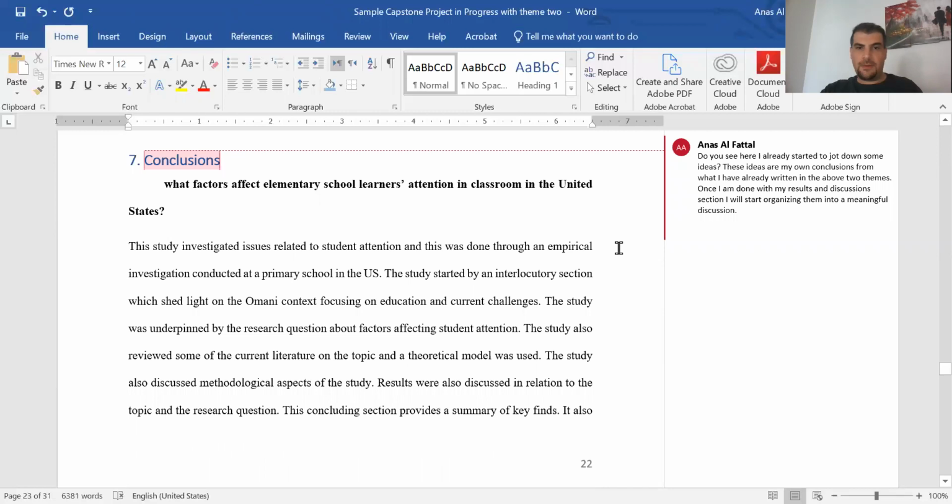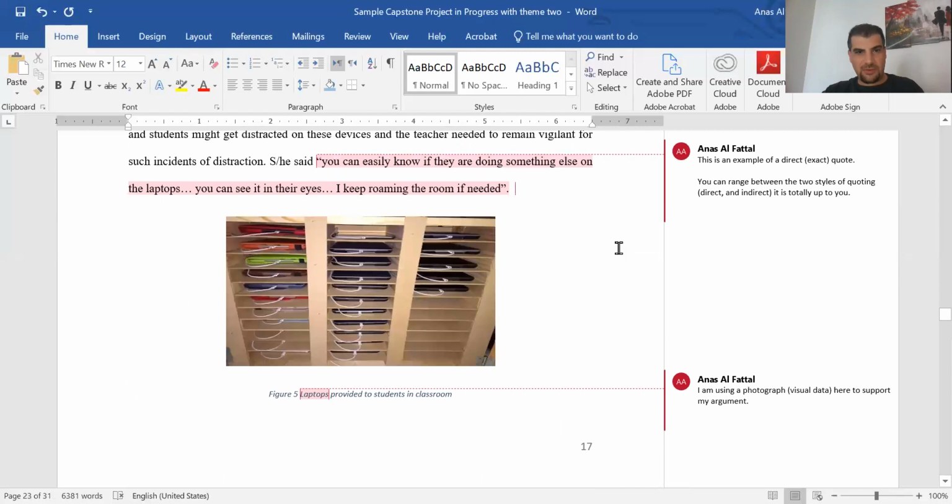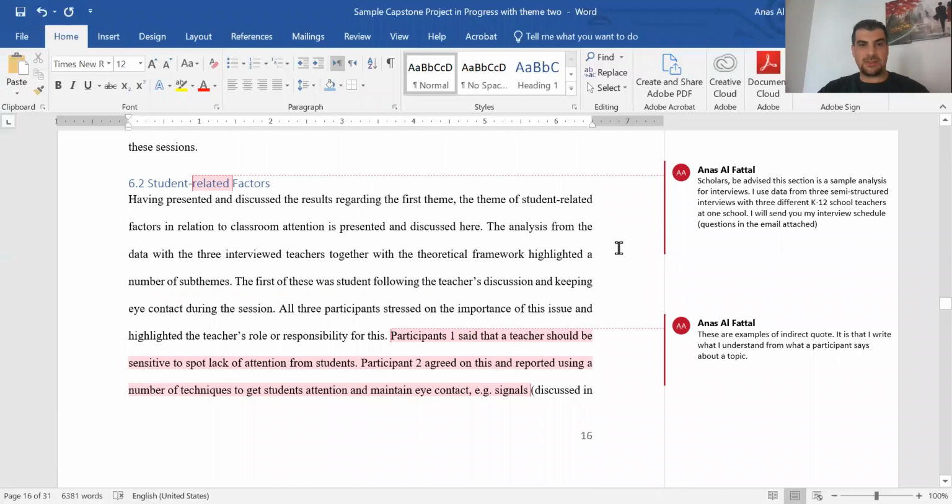Again, I'll go here and see what I wrote. I made the mistake that I did not see what I wrote. Student-related factors, having presented and discussed the results, the analysis from the data, interviews, and so on. The first of these was volunteer discussion and keeping eye contact. So let's say eye contact. All three participants stressed this as important. So in this case, I think this is the most important factor.